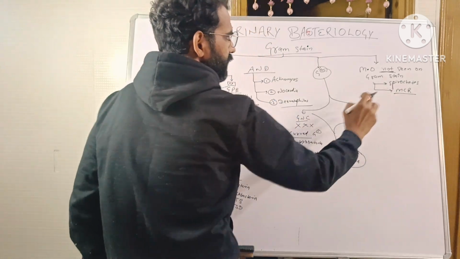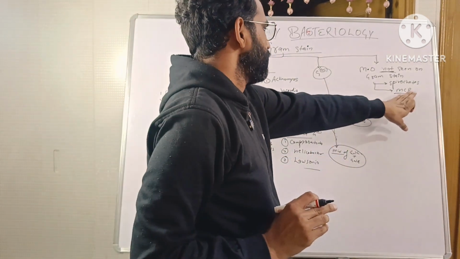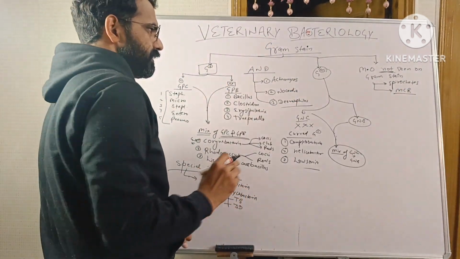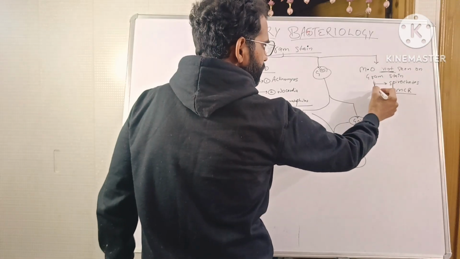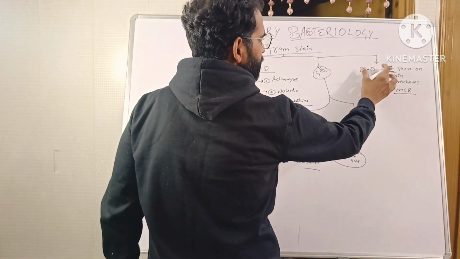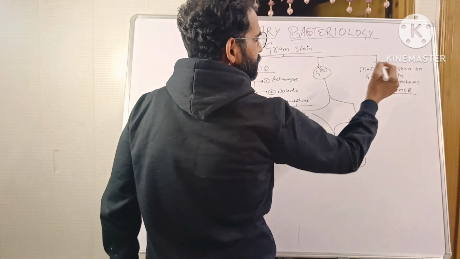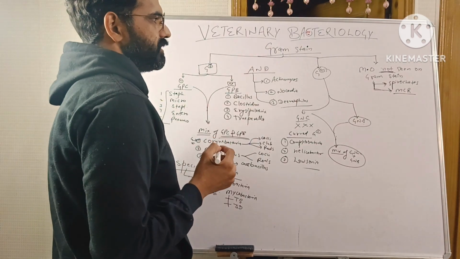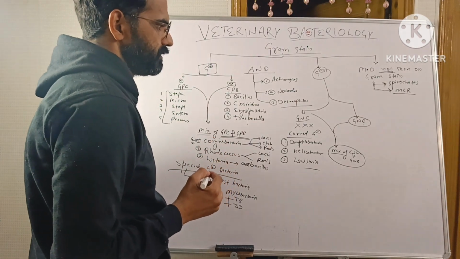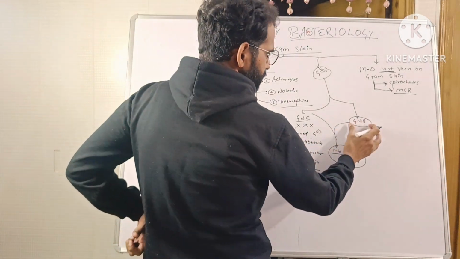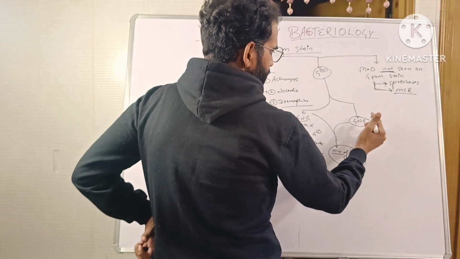MCR means Mycoplasma, Chlamydia, and Rickettsia. We cannot see them on Gram staining under the microscope.